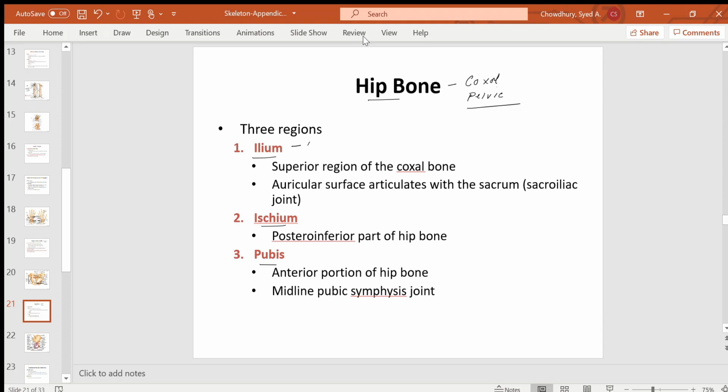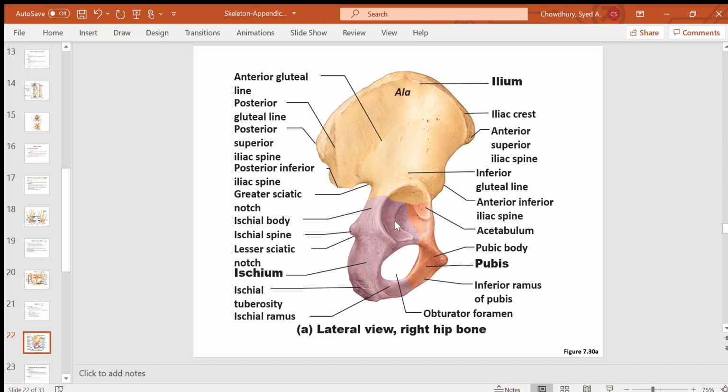So ilium, ischium, pubis. You see those three parts are shown by three colors. The whole upper part is the ilium, this is the lower back ischium, and this is the lower front pubis.